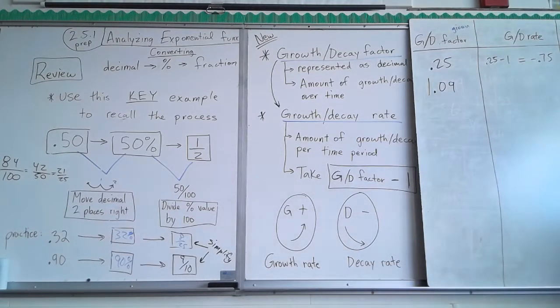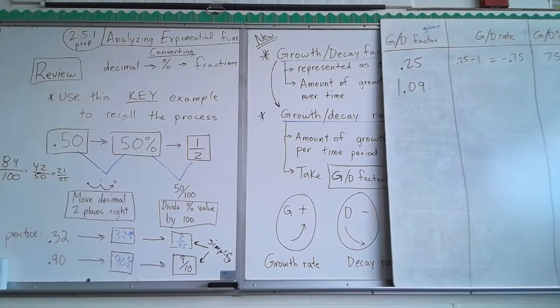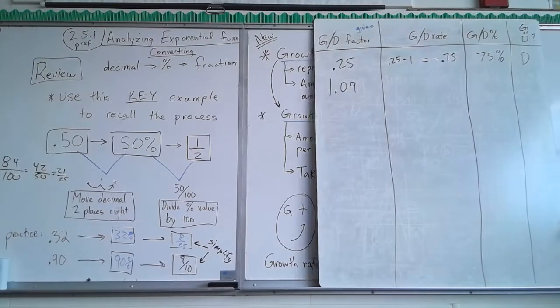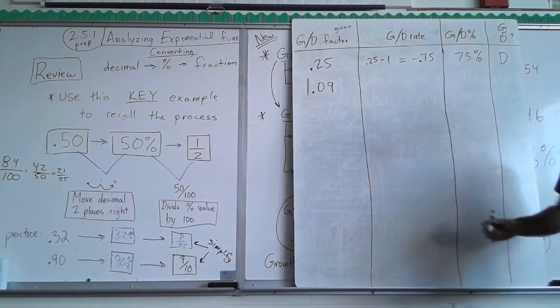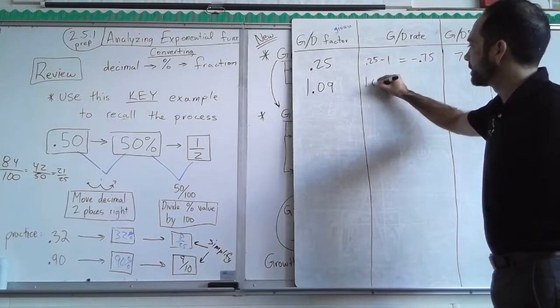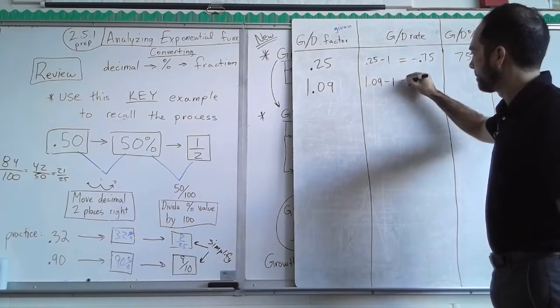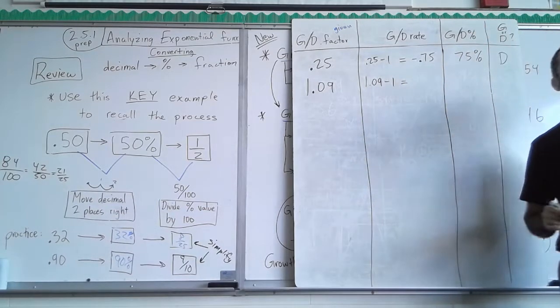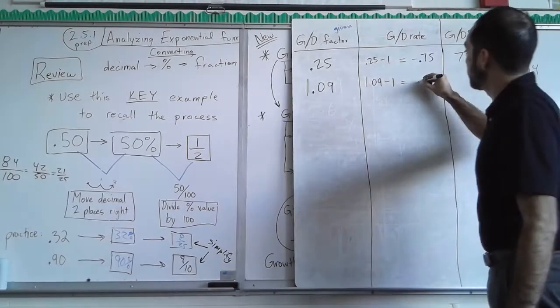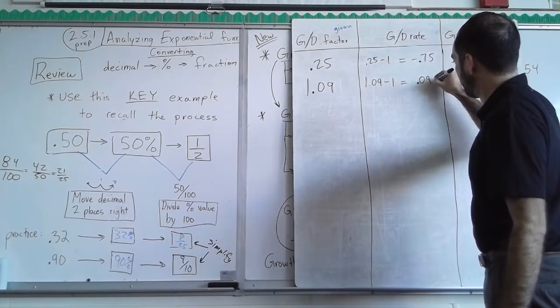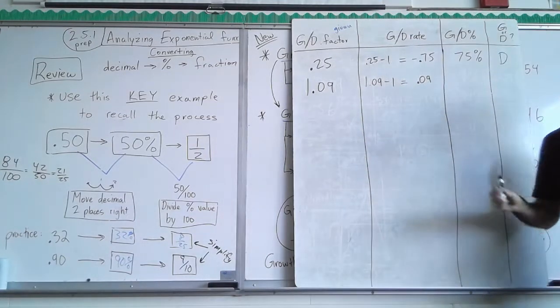All right, how about this one? 1.09. What's my step to find the growth decay rate? You have $1.09. You give someone $1. How much do you have left over? 9. Is this positive or negative?